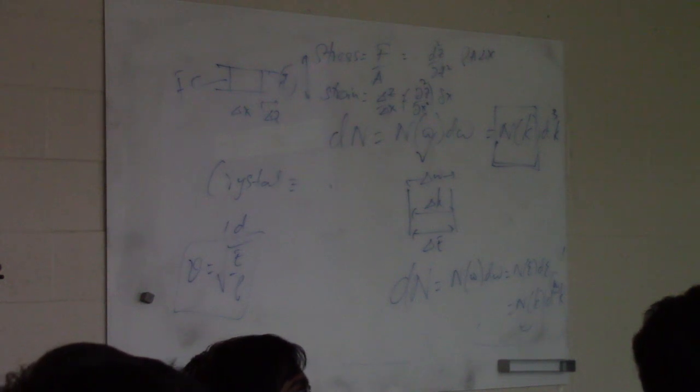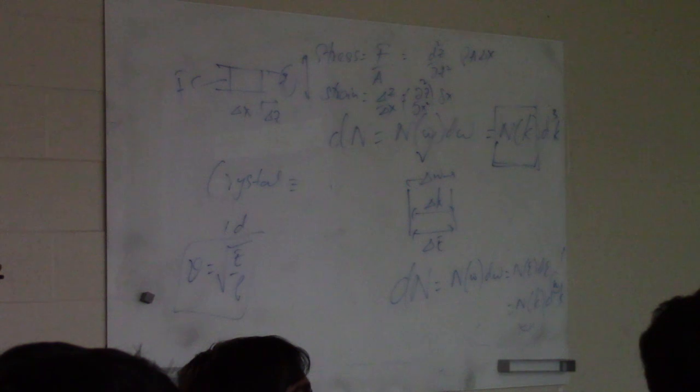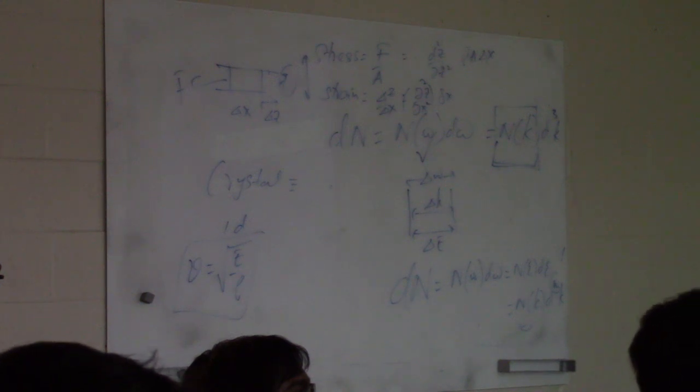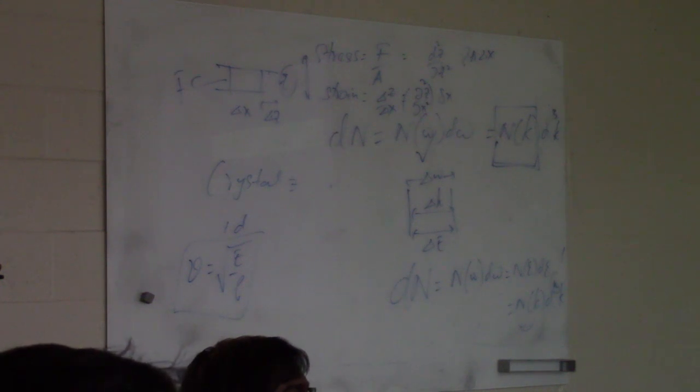Okay. So now we know dn, you can write it either way. This is the number of modes per unit delta K. So I can write dn as V over 8 pi cubed times d cubed k.